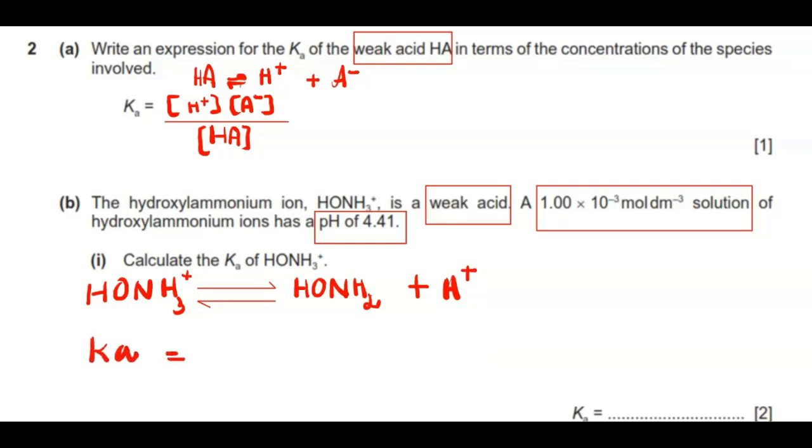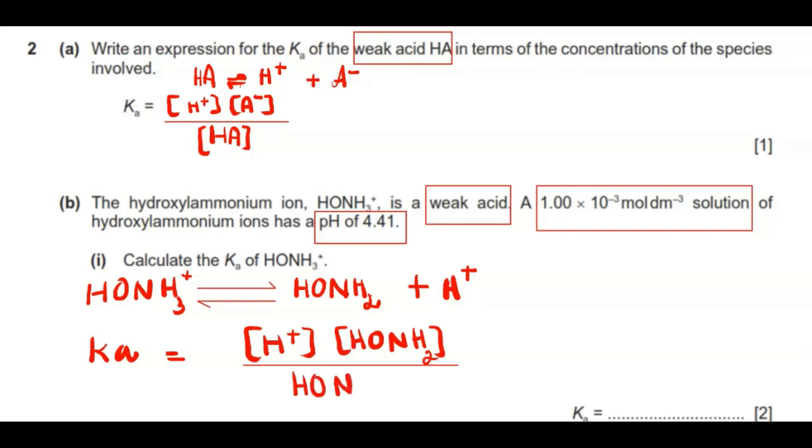Ka is equal to H plus, HONH2, divided by HONH3 plus. So this is your expression for Ka.